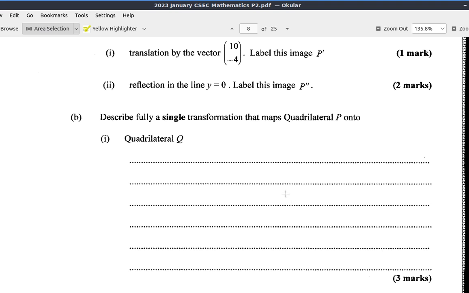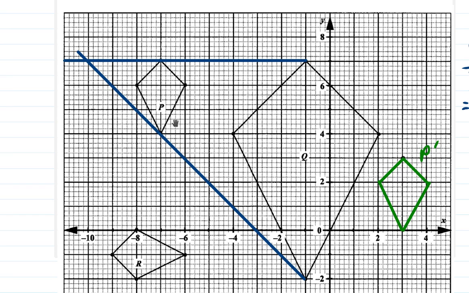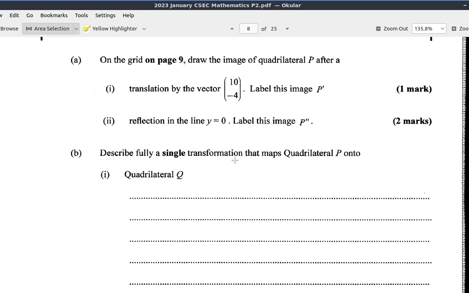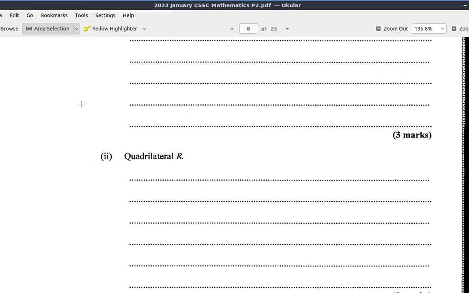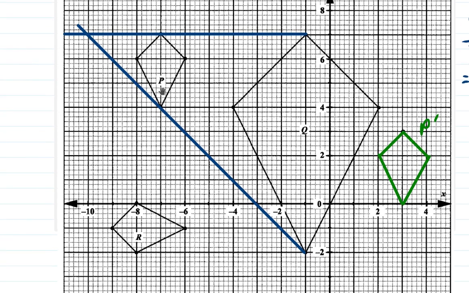Let us now look at the next part. They say quadrilateral R. So what is the transformation that maps P onto R? Where's R? Okay, P onto R. How did this P get here?